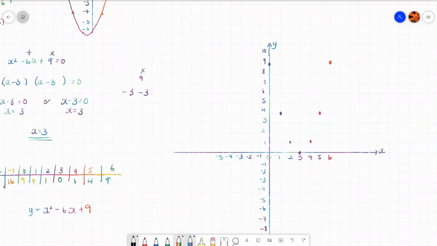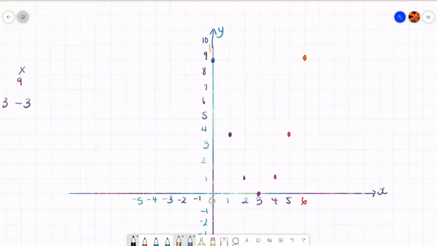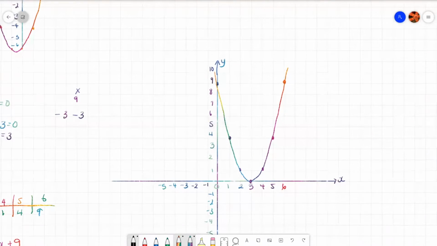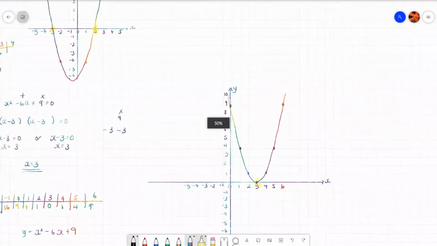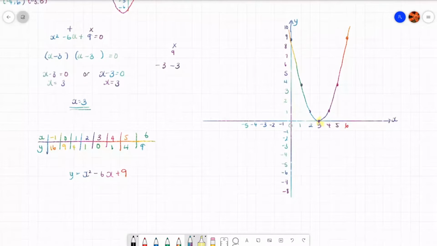This makes a nice, smooth U-shaped graph. So let's quickly do that, shall we? Okay, there you are. And you can see that your graph crosses the x-axis there at the number 3. Okay, and that there is the root of your equation, and we've figured that out by factorizing.